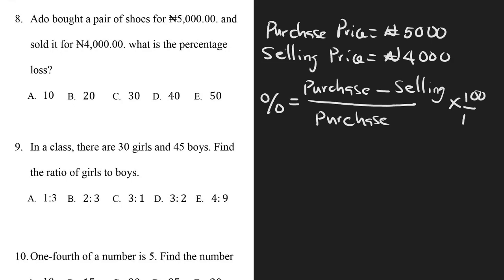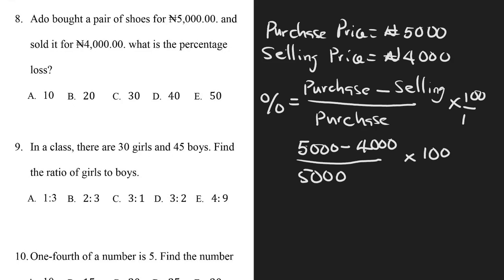Our purchase price is 5,000 minus our selling price, which is 4,000, over our purchase price, which is 5,000, times 100 over 1. So if we subtract 5,000 minus 4,000, what are we going to have? Let's subtract and see. 5,000 minus 4,000 is what? 0, 0, 0. 5 minus 4 is 1,000.